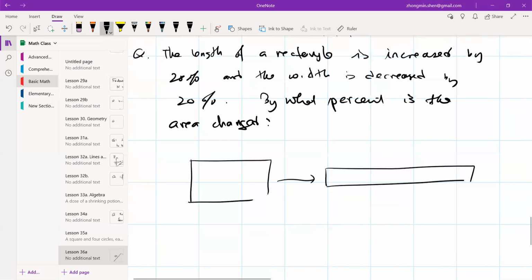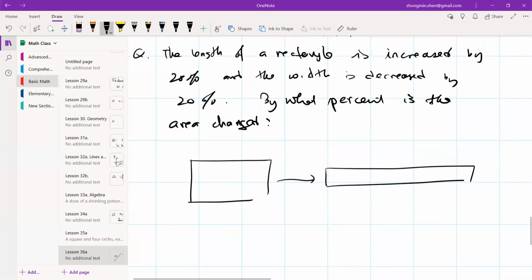Any idea about the percentage problem? What does it mean, decrease by? Tobias says the area is decreasing or increasing. Well, I guess 3 different answers. Come on. By what percent?